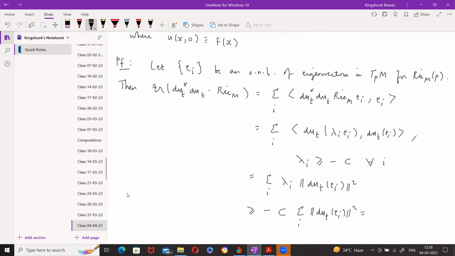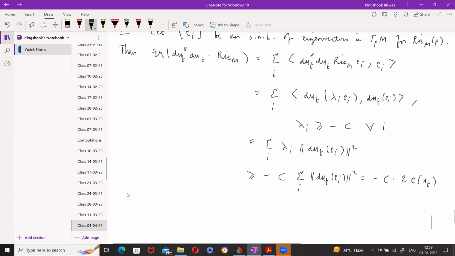And this is minus C times 2 times the energy density, right? Energy of u_t. Is this clear? Yes? The energy density is half the norm of du_t squared. So this will be twice the energy density. So we get this. And what did we have from before?